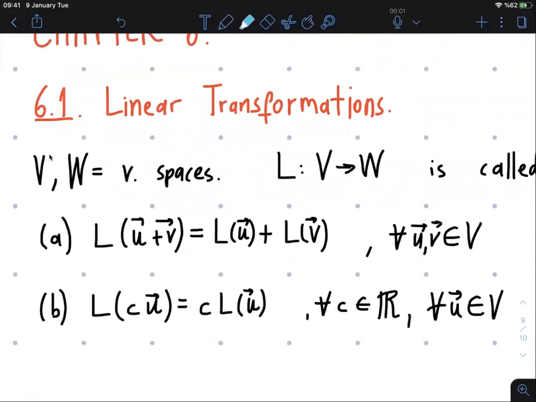The first condition is if you add two vectors and apply this transformation, it's the same as applying first the transformation to these individual vectors and then adding them. And same thing for scalar product. If you first take the scalar product and then apply the transformation, it is the same thing as first applying the transformation and then taking the scalar product.